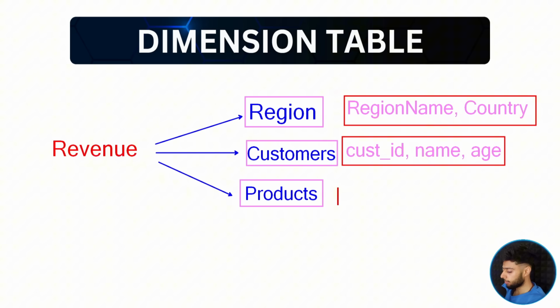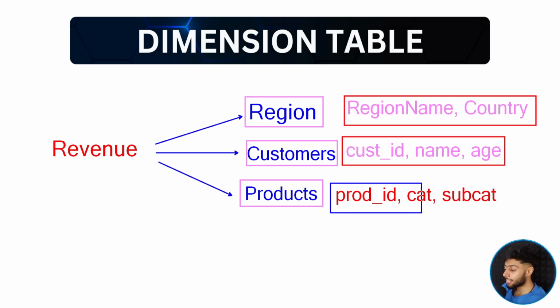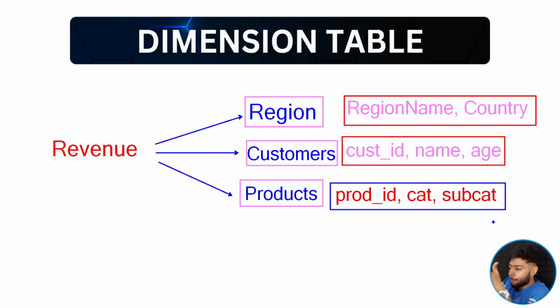These columns can be, let's say, product ID, category, subcategory. So all these columns are adding the same context. So every time when you group some columns and feel, hey, these columns are adding one theme, that is your dimension table.